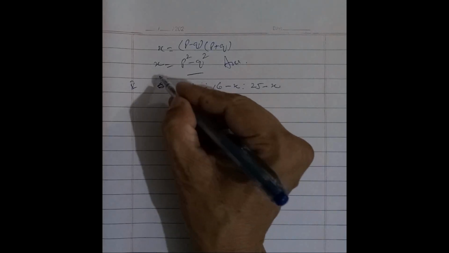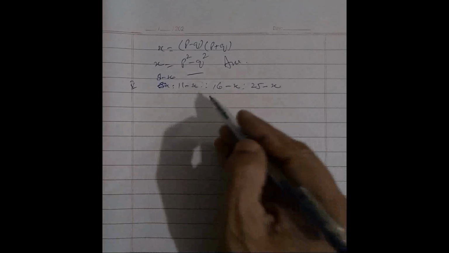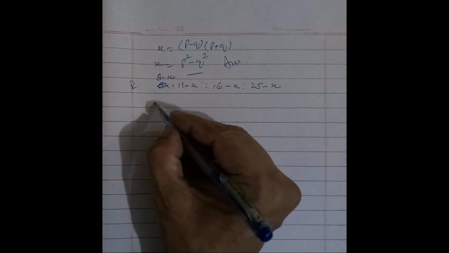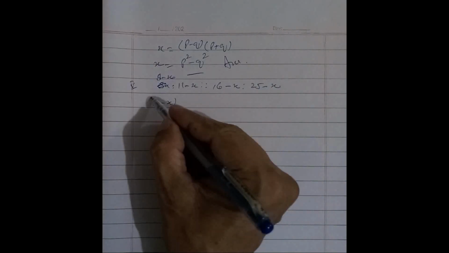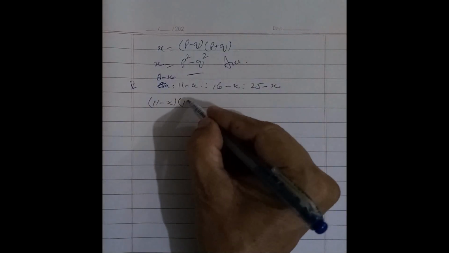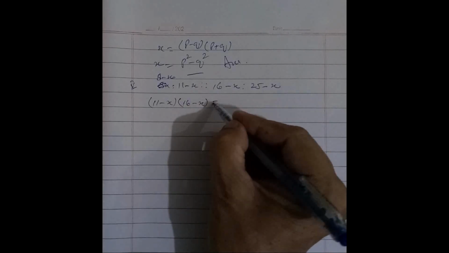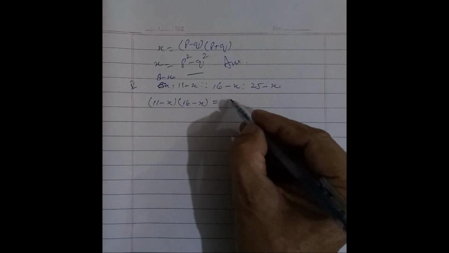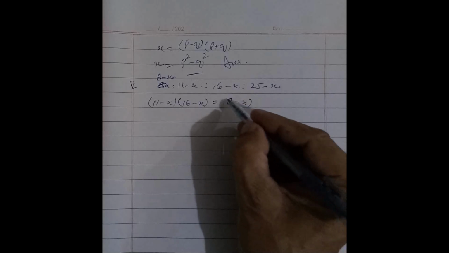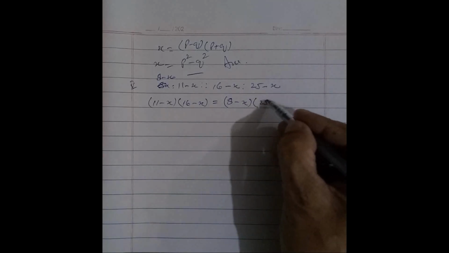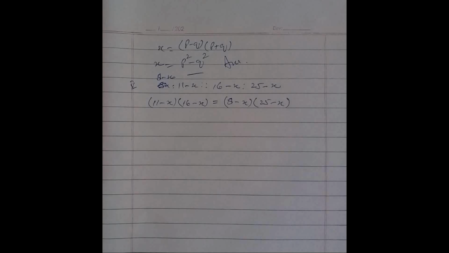The product of internal values is equal to product of external values. The product of internal values is equal to (11 minus x) into (16 minus x). External values is (8 minus x) into (25 minus x).